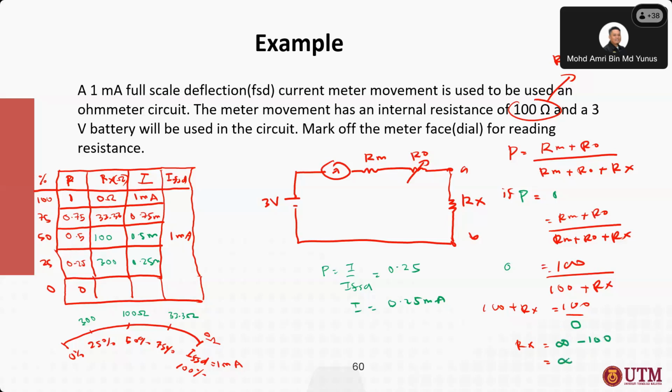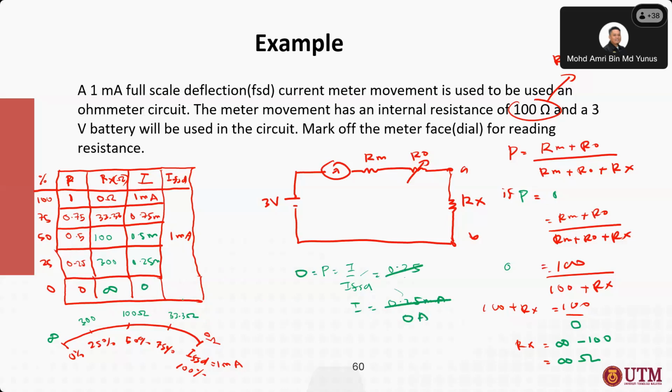So that is infinity, or very large, and I here is equivalent to 0 when P is 0. Right.